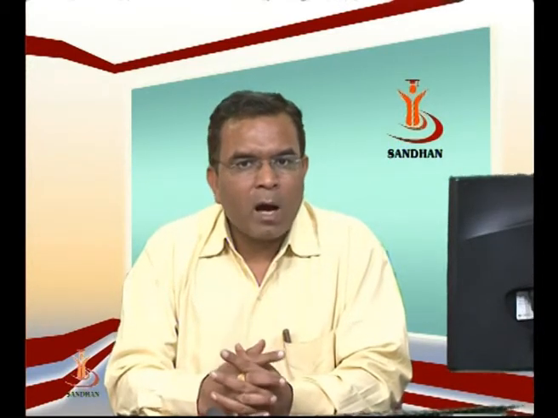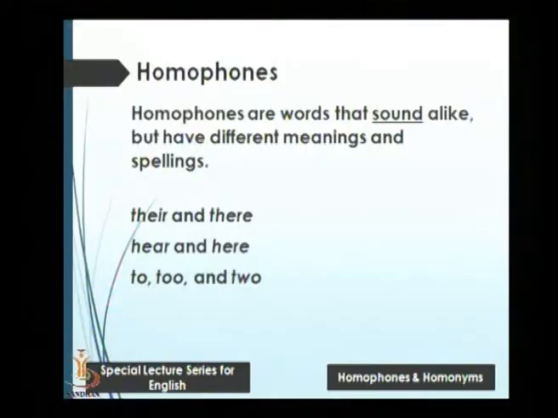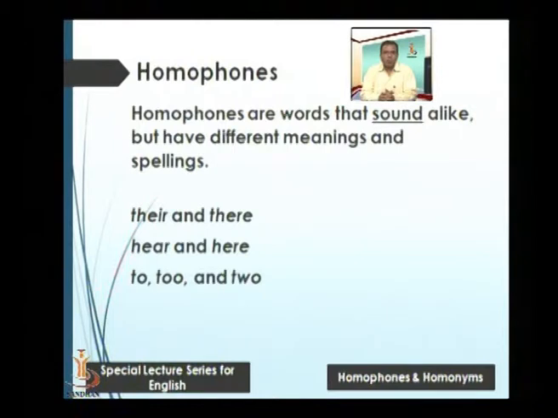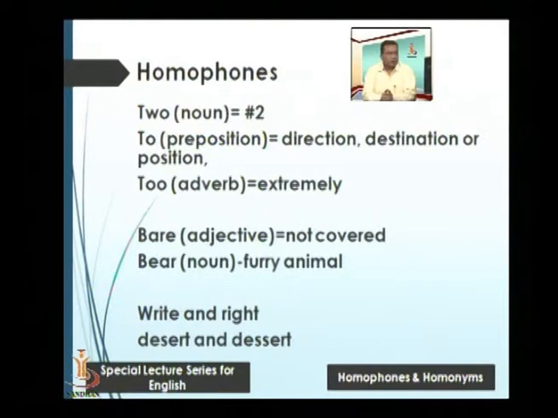Other three words are there which are very interesting. These homophones are to, too, and two. There are three: a trio, T-O, T-O-O, and T-W-O. How are they used? T-O is a preposition.